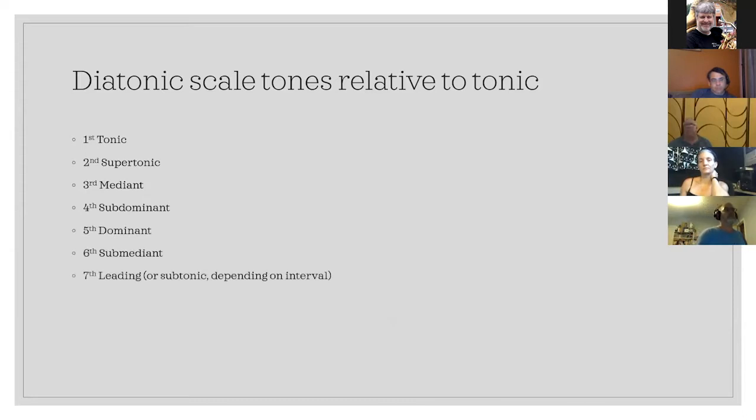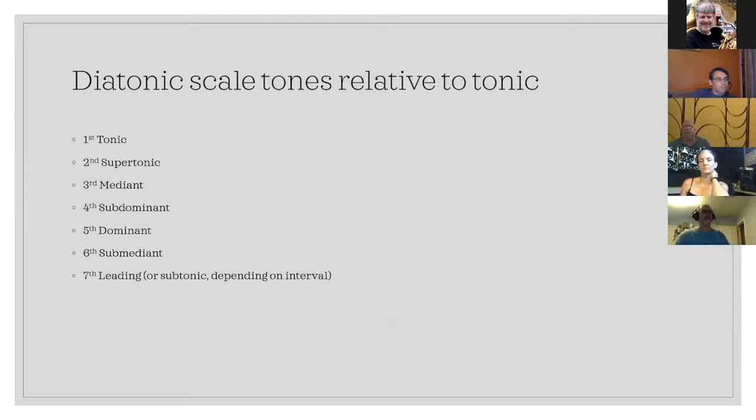We numbered them: degrees of the scale one, two, three, four, five, six, seven. Regardless of whatever scale you're playing in Western tonality, we usually divide them into seven, and then it returns to the tonic, which we would call the eighth in this case, or an octave.